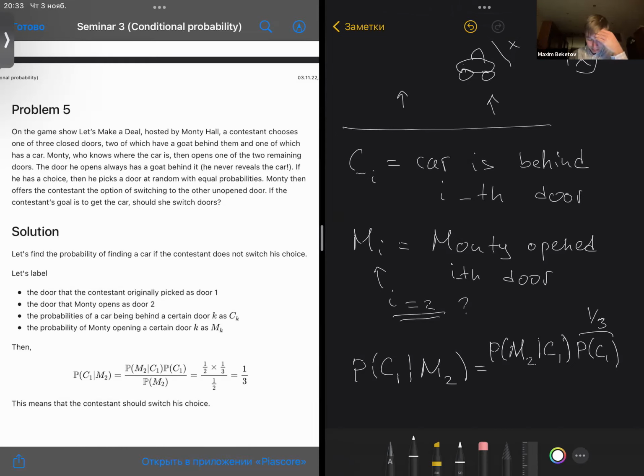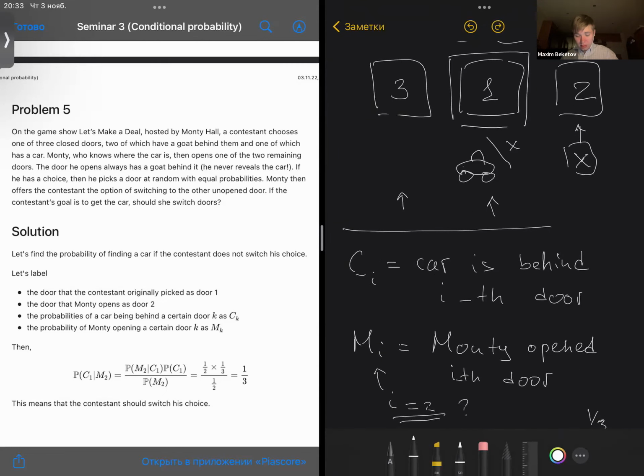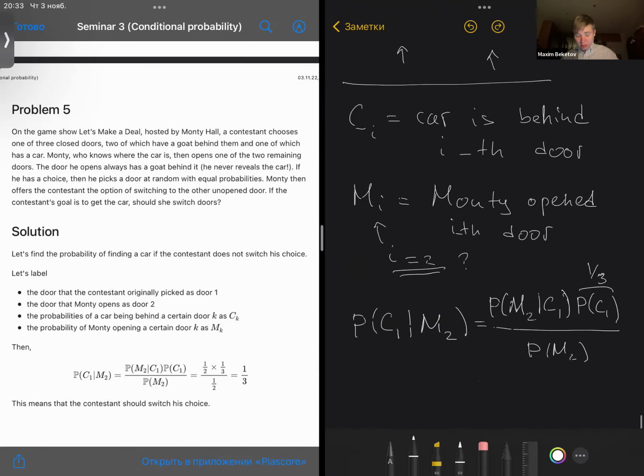So the probability of M2, the probability that Monty would open door number 2. This solution says that it is 1/2 actually, but I'm not sure that is correct.